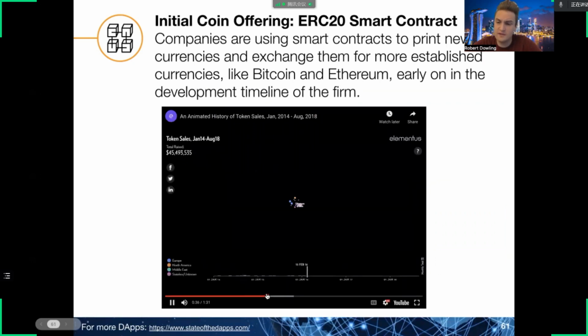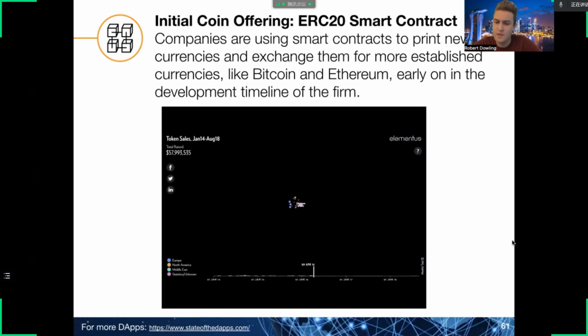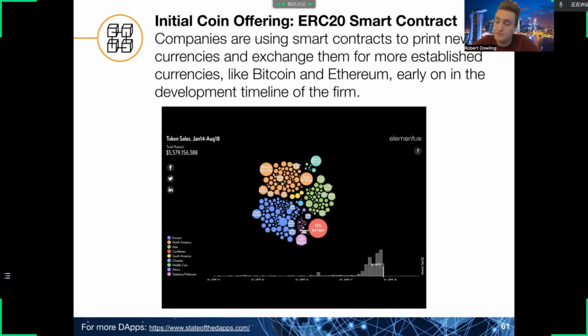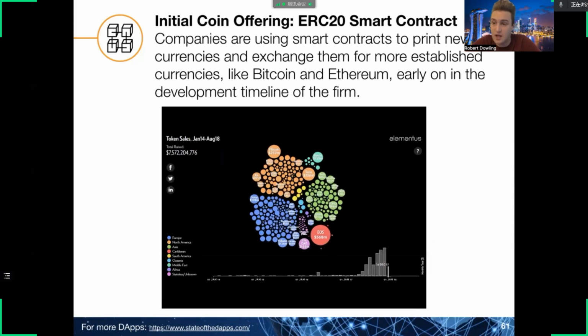These initial coin offerings, this is a great visualization from a great company called Elementus, led by Max Galka, who's the founder and CEO. These ICOs, again, just like a crypto asset, we know the total supply, we know the ether that comes into the smart contract, we know which wallets own which amount of the tokens, and these things can be visualized.